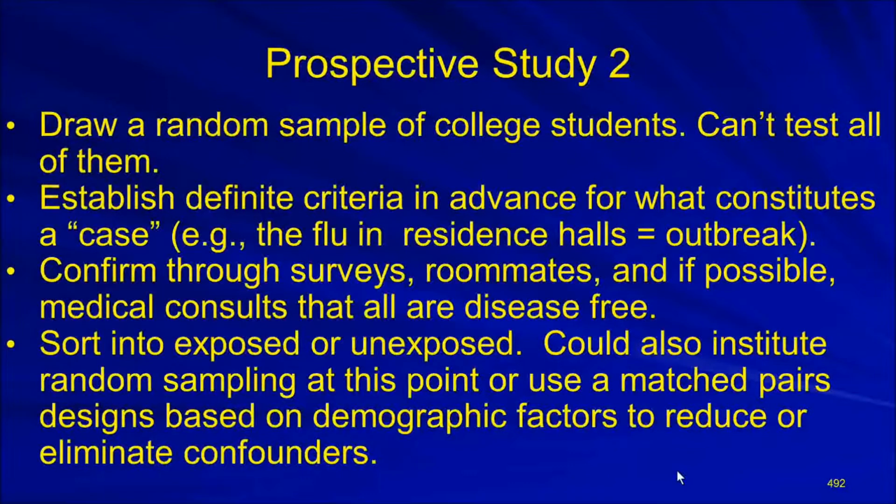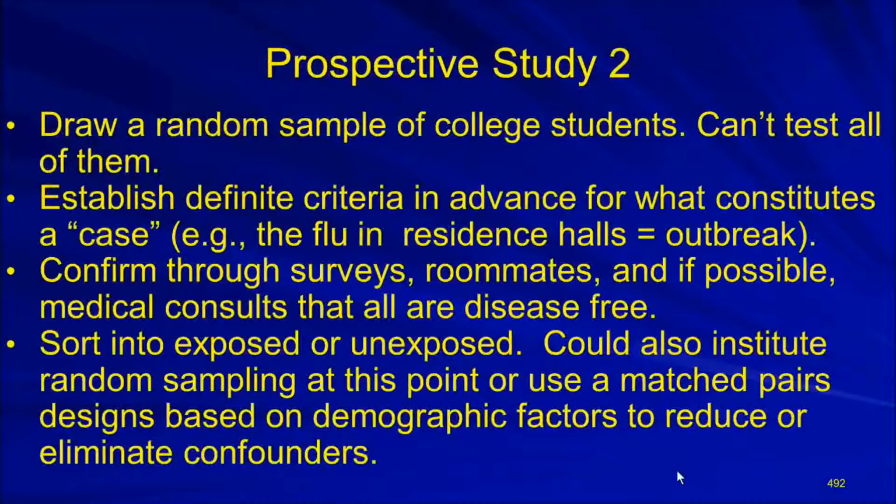For example, the flu and residence hall outbreak. We would go to the communicable disease manual, all those requirements for what constitutes having the flu are laid out there. Serology is mentioned. You know very quickly who's going to qualify and who's not going to qualify as having the flu versus somebody who has a hangover.